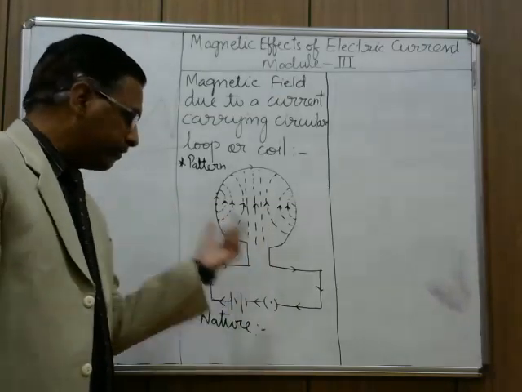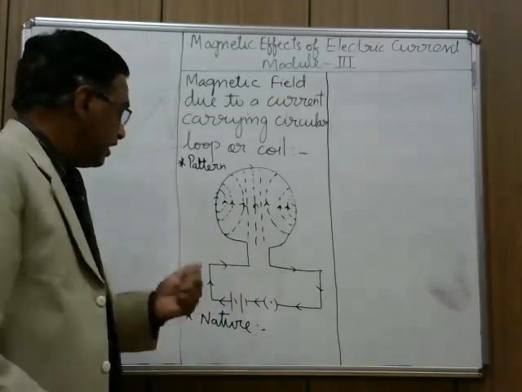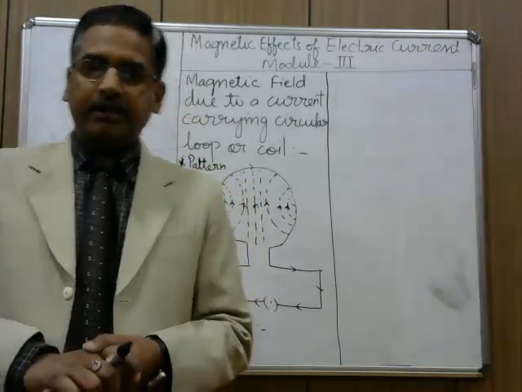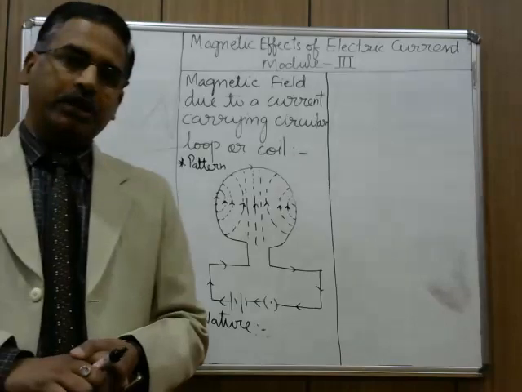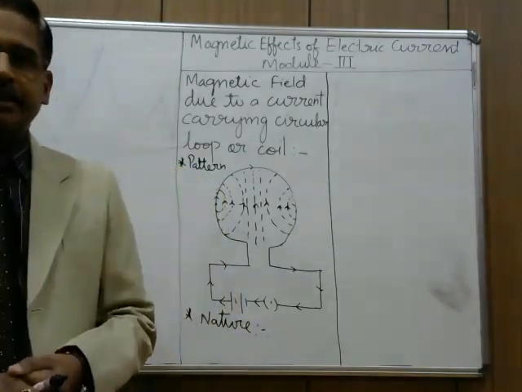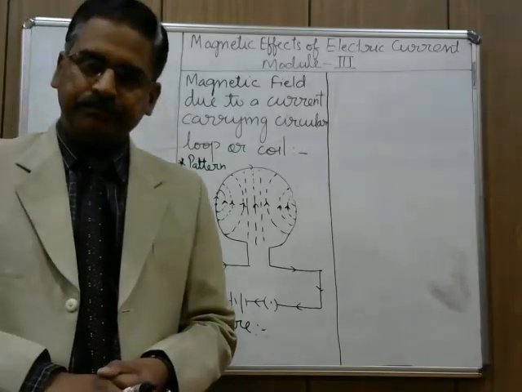So the pattern is this diagram. Second, nature. You will write that the magnetic lines of force near the circular coil are circular in nature, but at the center they are straight parallel lines.